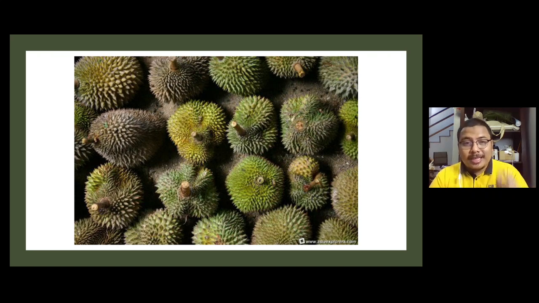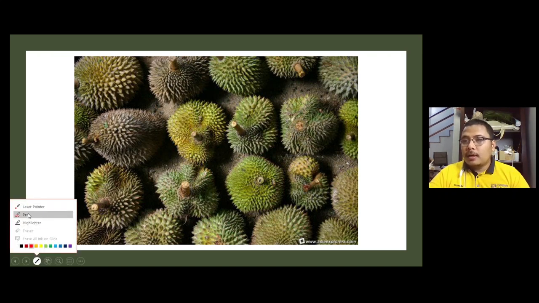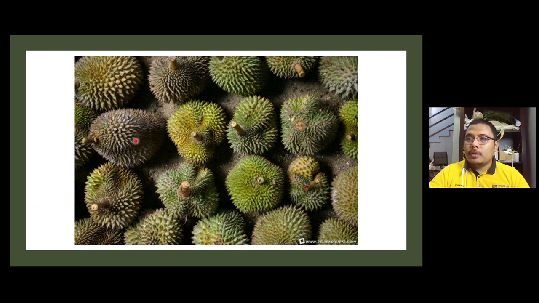So we need to take a sample of some of them and measure them. Probably we take one durian here, one durian there, three durians. Then we measure and get the average. Then we can find, oh, this durian is this big, this big, this big.